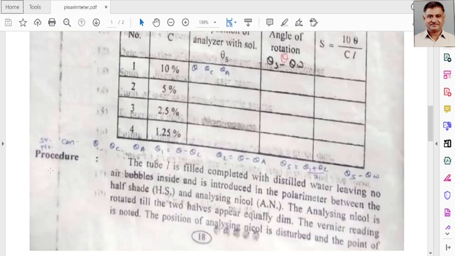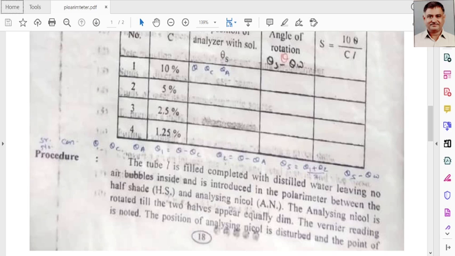Here, how is the procedure? See, a very simple procedure is there. The tube having a length L is filled completely with distilled water. It should not have any type of air bubble inside the tube, and it is introduced in the polarimeter between the half shade and the analyzing nicol.